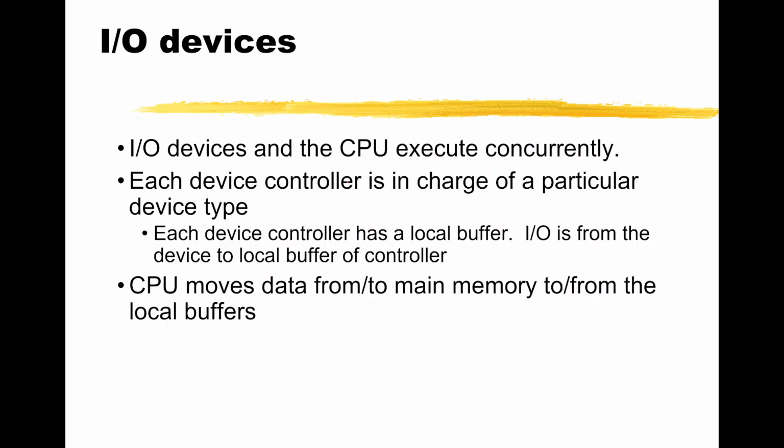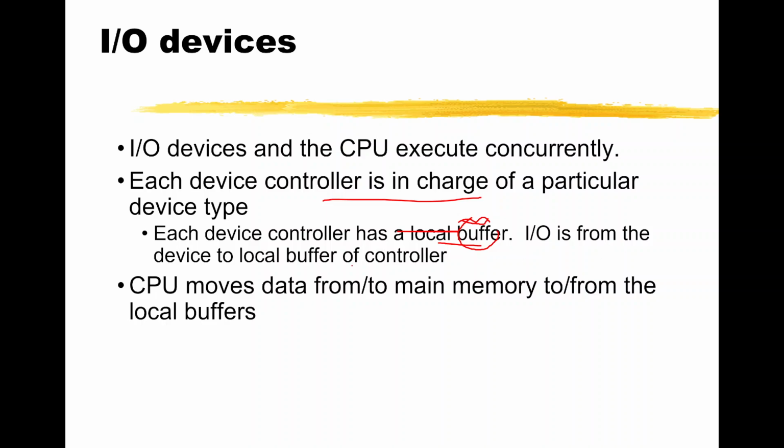Each device controller is in charge of a particular device type. Now, each device controller has a local buffer. A buffer is a kind of memory, a little memory for storing some information that needs to be worked on.